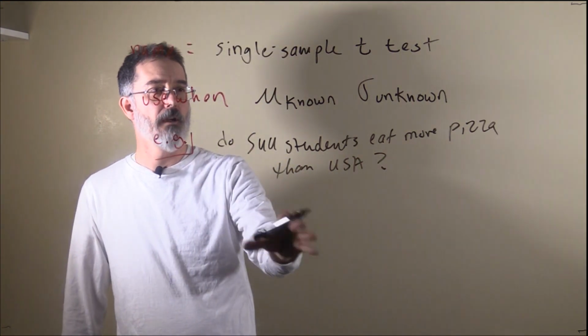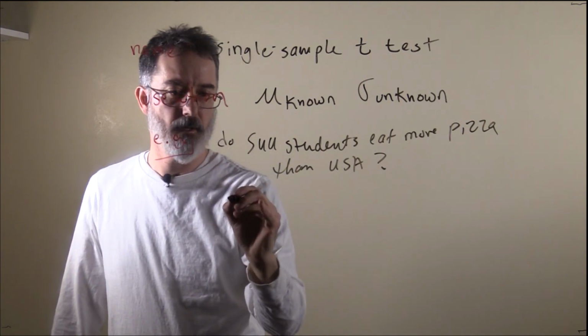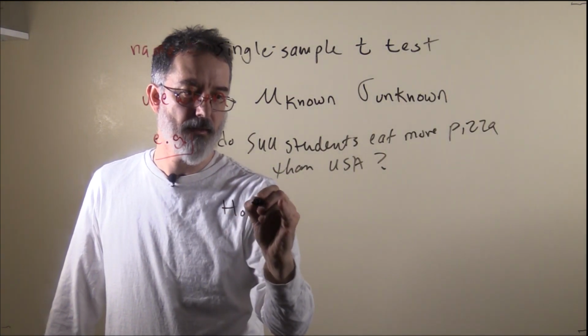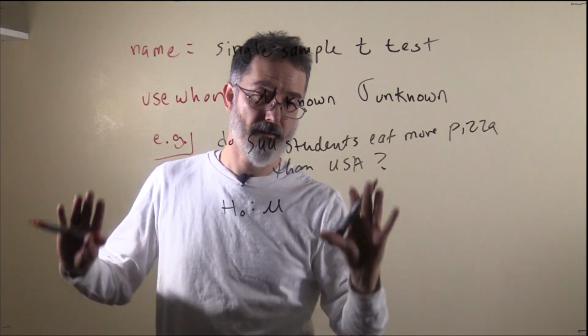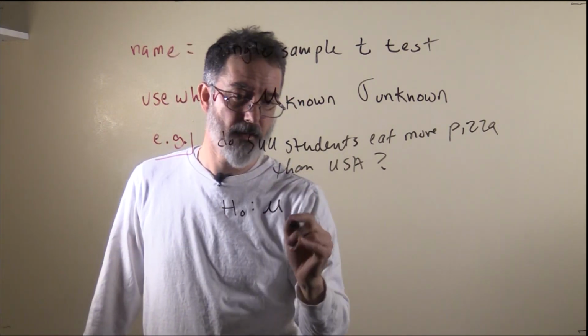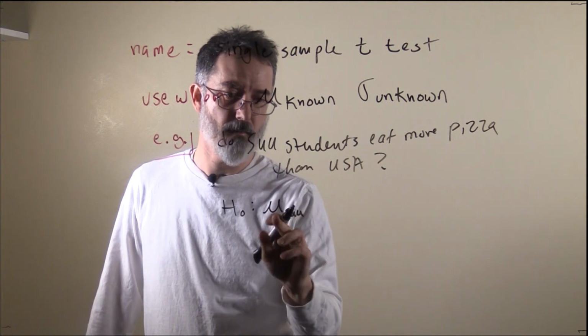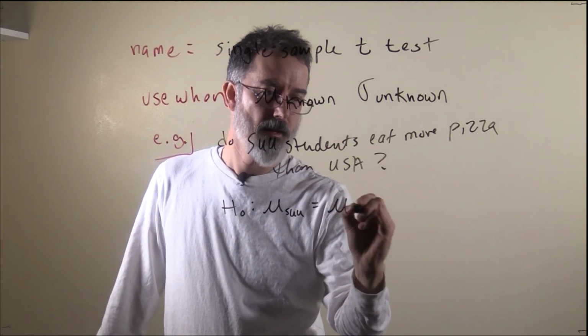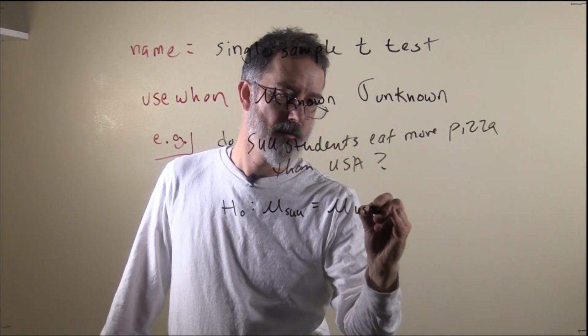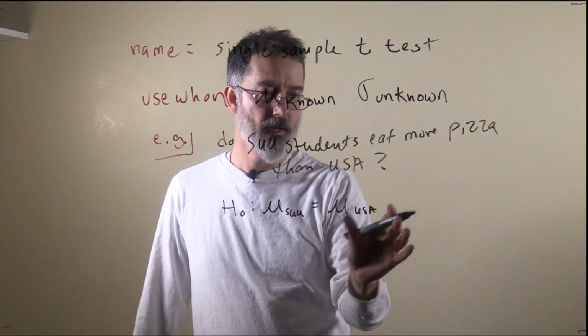And for this example research question, the null hypothesis is going to be that there's no difference. The null hypothesis is the dull hypothesis. So in that case, the population mean for how much pizza SUU students eat is going to be exactly the same as the population mean for Americans.